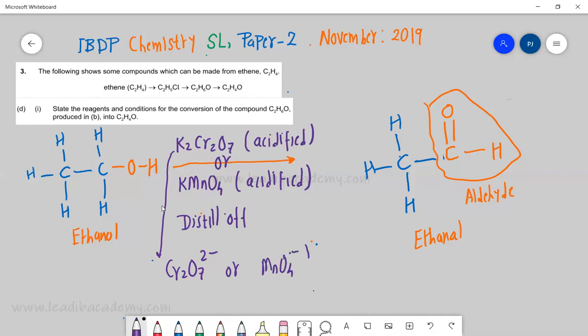The choice is entirely yours. And then you distill off, so that we will get this ethanol. Very, very simple. Oxidation of alcohols, and importantly primary alcohols. That should be very clear, because ethanol is a primary alcohol.